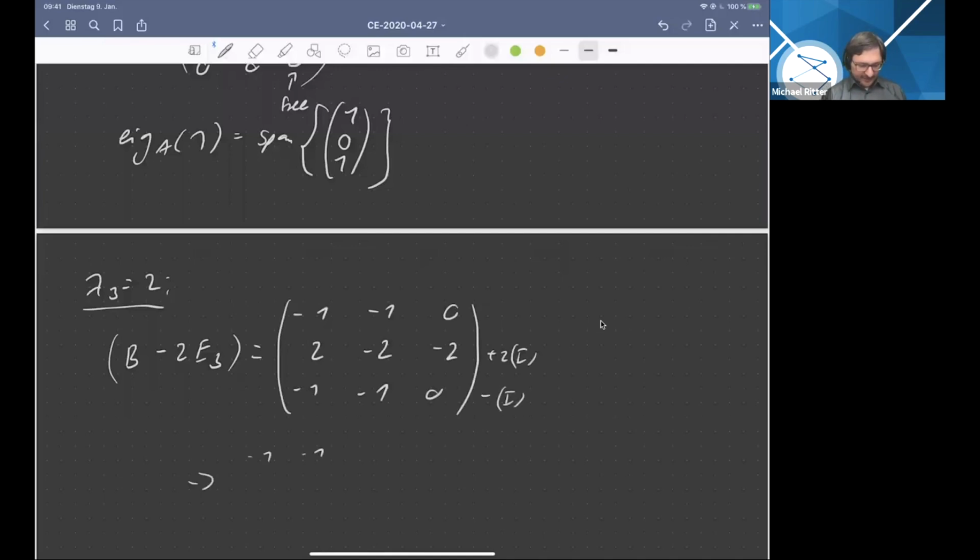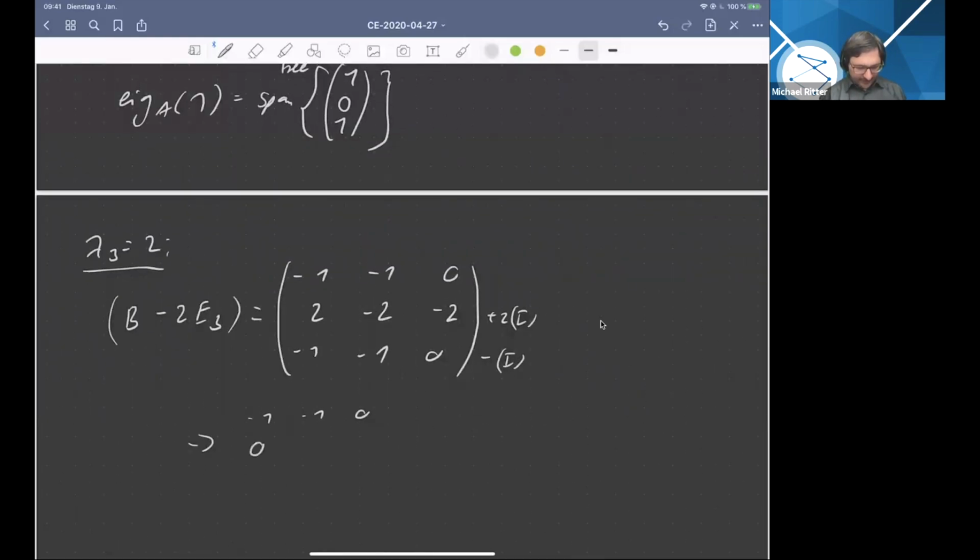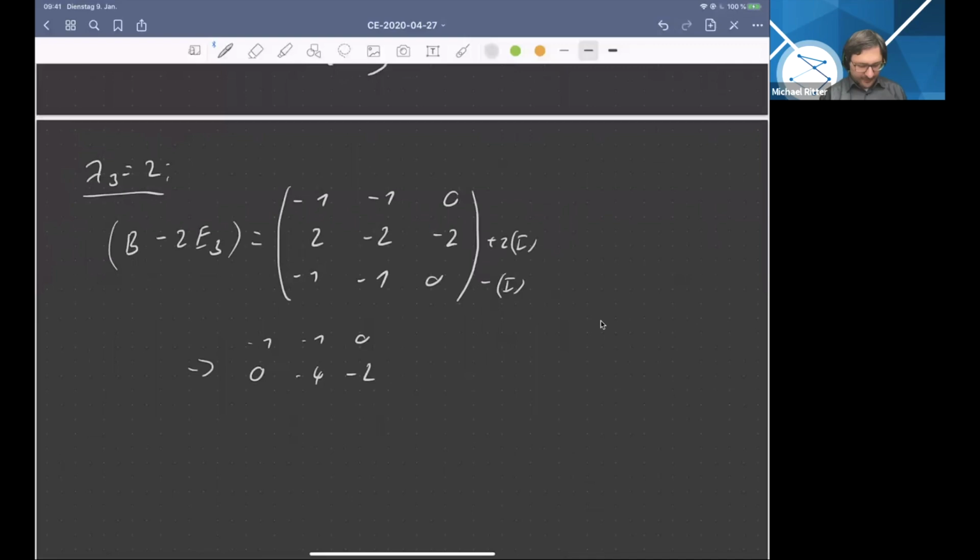What we get is the same first row, and then a 0 here, -2 minus 2 is -4, and -2 plus 0 is -2. For the third row, we get -1 plus 1 is 0, again -1 plus 1 is 0, and that 0 stays as it is. So we're done already. We got 2 pivots here.